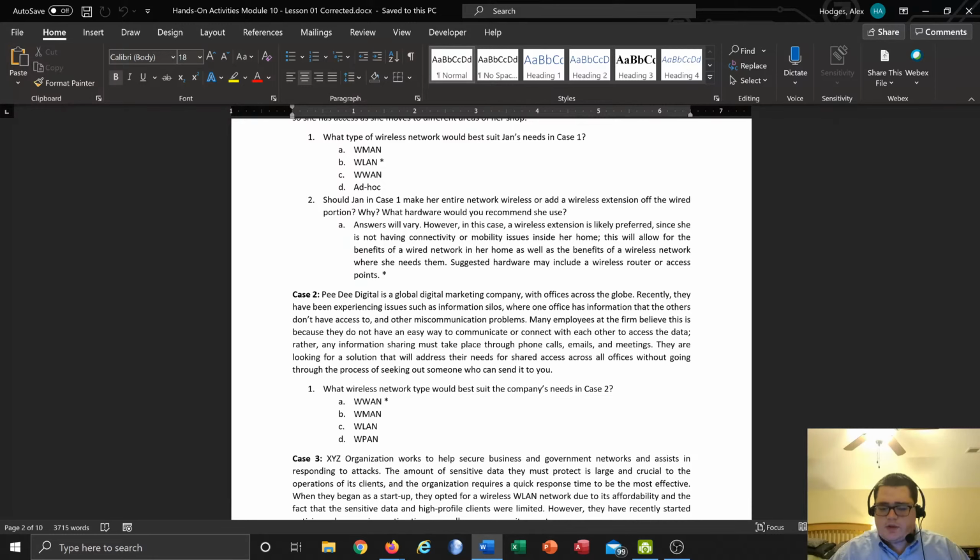They are looking for a solution that will address their needs for shared access across all offices without going through the process of seeking out someone who can send it to you. So again, you have to use context clues here. They're a global company. They want to be able to communicate wirelessly. So automatically you should be thinking wireless wide area network.